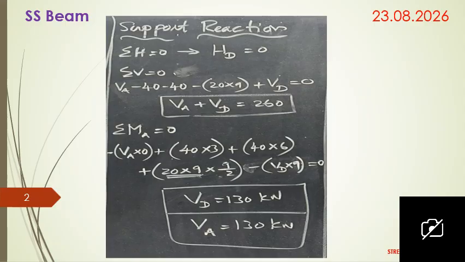By solving this equation, you will get the value of VD equal to 130 kilonewton. If you substitute this in the previous equation, VA plus VD equal to 260, with VD as 130, you will get VA equal to 130 kilonewton.